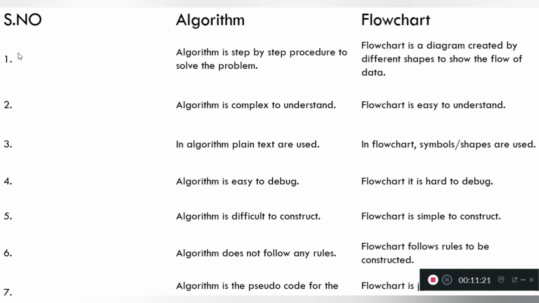Now, learn the difference between algorithm and flowchart. Algorithm is a step-by-step procedure to solve the problem, and flowchart is a diagram created by different shapes to show the flow of data.